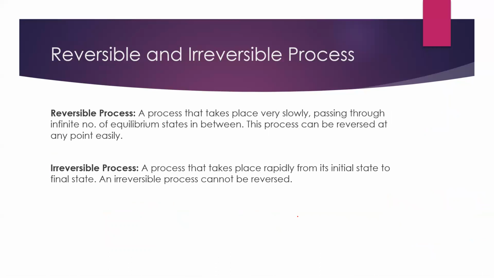Then we come to reversible and irreversible processes. A process that takes place very slowly, passes through infinite number of equilibrium states in between, is known as a reversible process. This process can be reversed at any point of time. Let me give you some information about this. So let's say I want to go from this state to this state, okay? And I have to follow a particular path to reach this state.